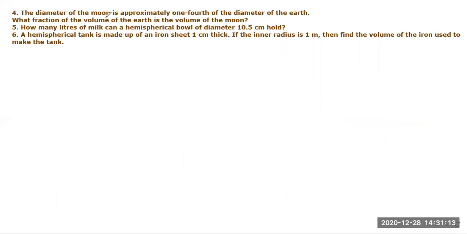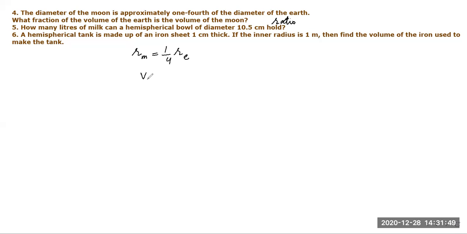All right, students, now let's do the fourth sum. The diameter of the moon is approximately 1/4 of the diameter of the earth, so the radius of the moon will also be 1/4 of the radius of the earth. What fraction of the volume of Earth is the volume of Moon? In other words, we want to find the ratio of volume of Moon to volume of Earth.